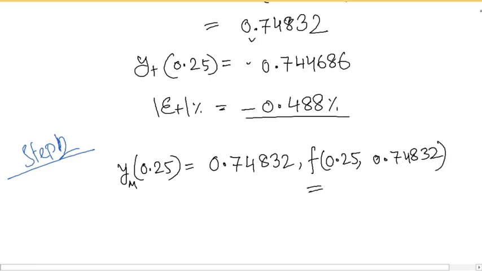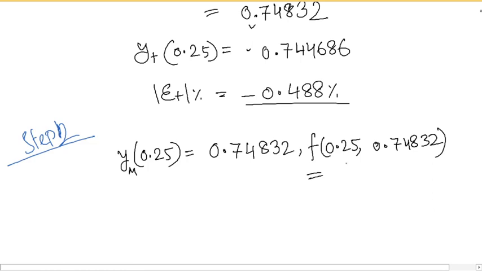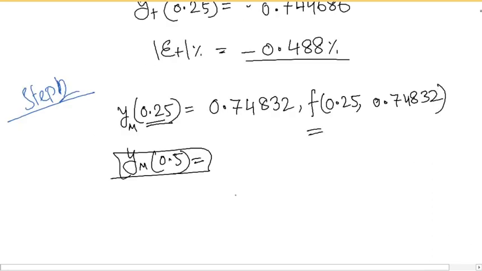So from the analytic solution, now this is the initial point, using which we'll have to calculate 0.5, the next point. But before that, we need to calculate the value of the midpoint to get the midpoint slope. For that, we need this initial point slope.